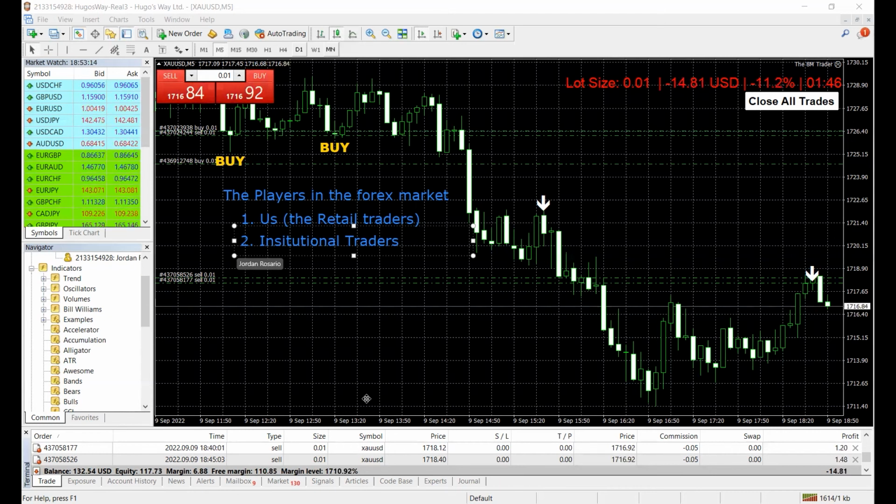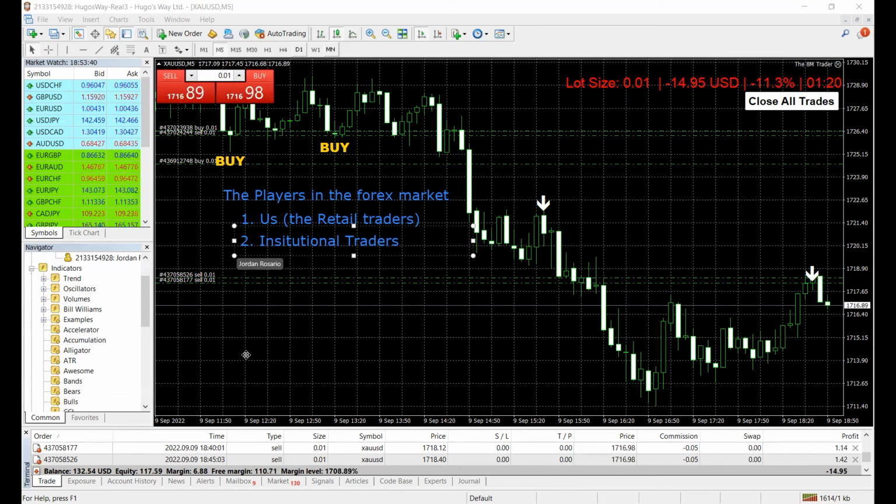Now, that's okay to understand, because that gives us the perspective that we have to follow the leader, at least right now. And if institutional traders pick a direction, we go with that direction most of the time, because they're going to move the markets way bigger than we can, at least for right now.